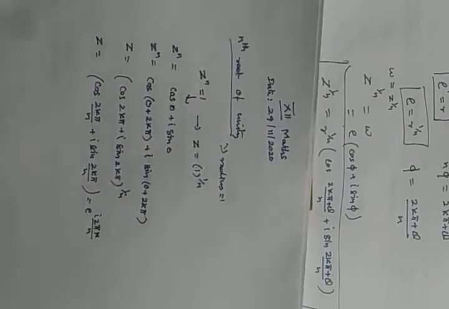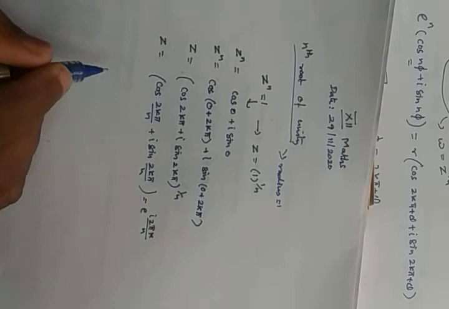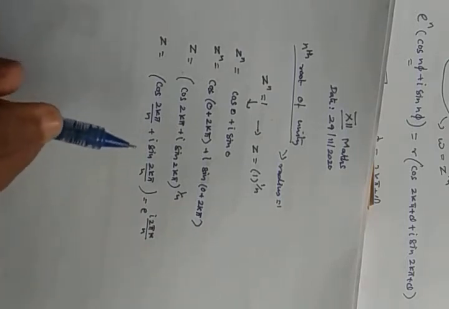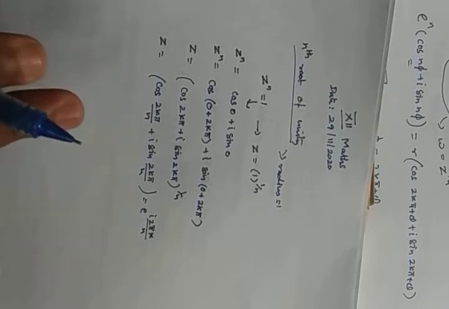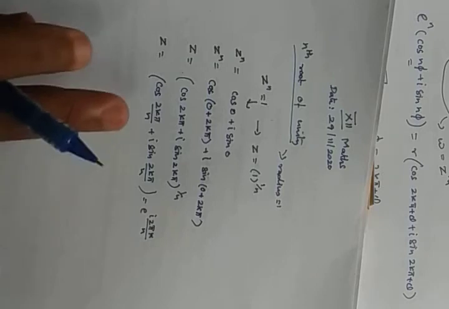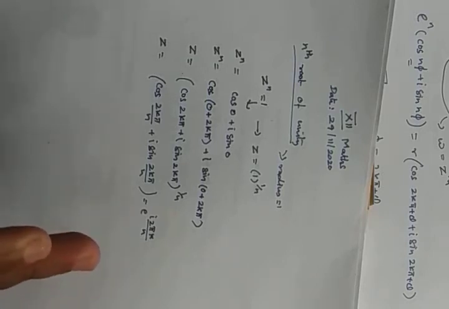Based on this, we have many problems. Let me see one problem on it. One more important thing is what we call omega, that is, the roots. For example, the square root of 4 gives plus 2 and minus 2. So we will say omega 1, omega 2, like that.